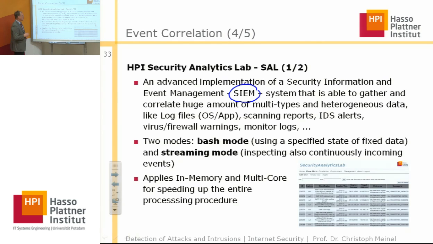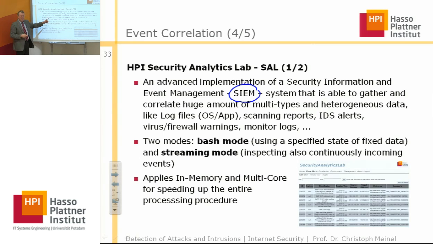I introduced this already. And the idea is that this system should be able to gather and to correlate a huge amount of data of multi-types, heterogeneous sources like log files from the operating system, scanning reports, intrusion detection system alerts, virus, firewall warnings, monitor logs, and others.